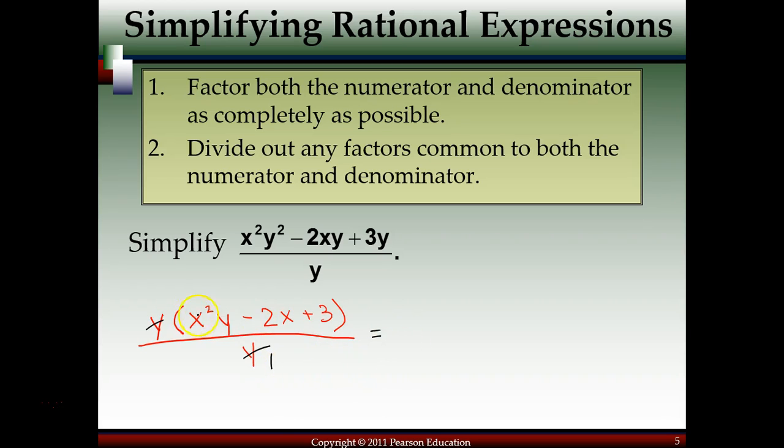So what you have here is what's in parentheses over 1, or you can just write what is in parentheses, because anything divided by 1 is just what is in the numerator. So this is equal to x squared y minus 2x plus 3, and you're done.